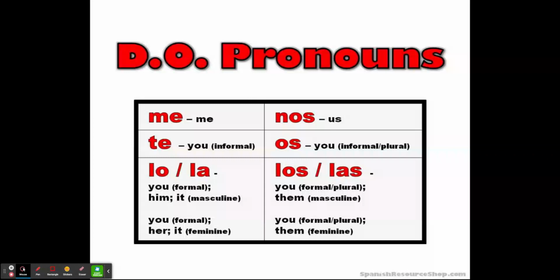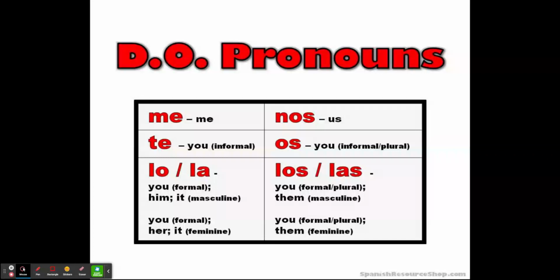Here they are: me, te, lo, la, nos, os, los, las.